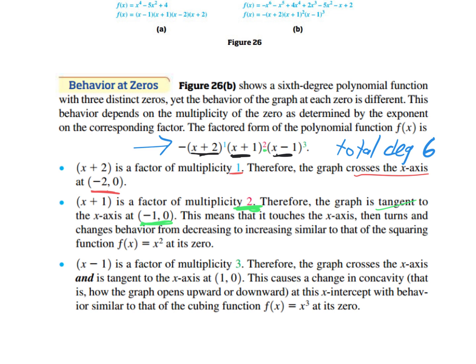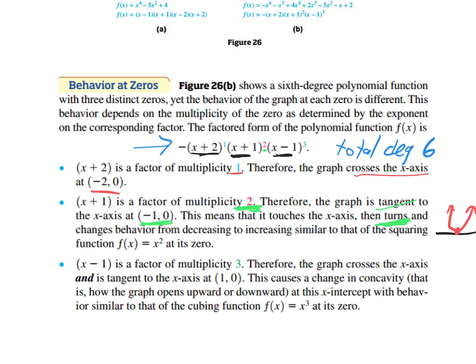It's going to turn at that point when it makes contact with the axis. This looks kind of like the vertex of a quadratic. So roughly, it would look something like this. Here's your x-axis, and your function comes down and bounces off of this point and turns back the other way.